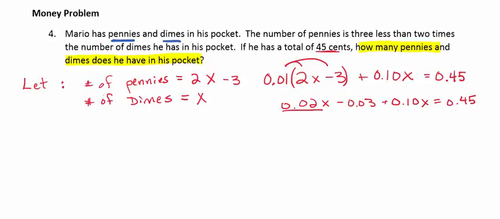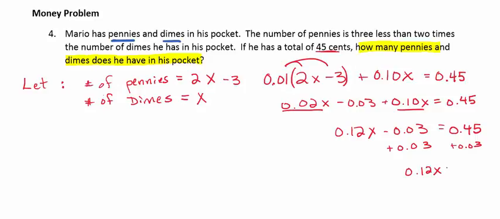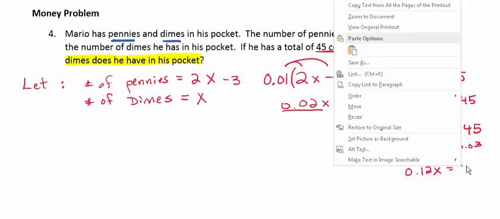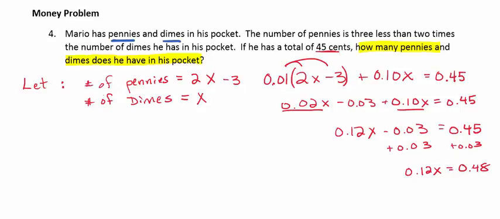I have some like terms to combine here, so we get 0.12x minus 0.03 equals 0.45 still. Add 0.03 to both sides, and we have 0.12x equals 0.48. Then divide by 0.12. x should be 4.